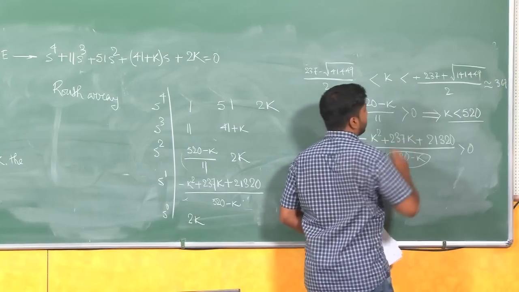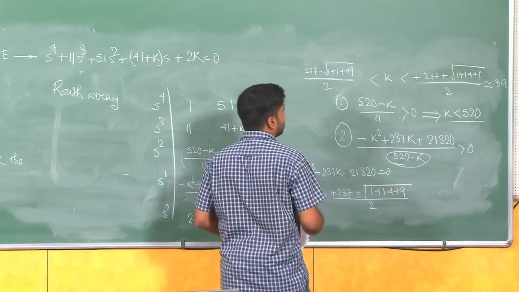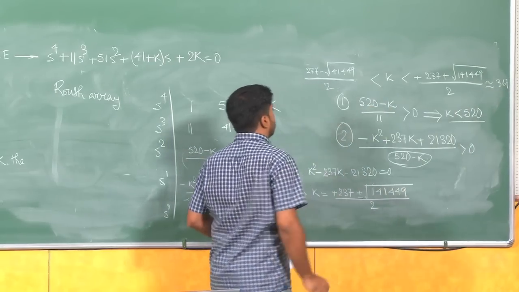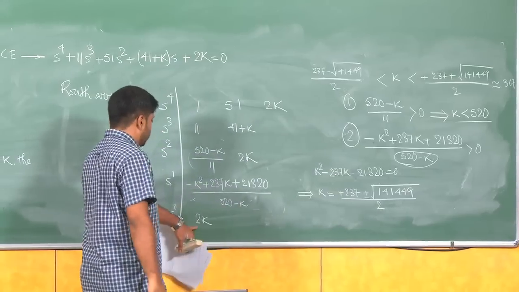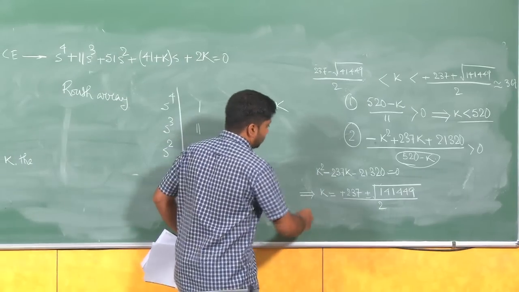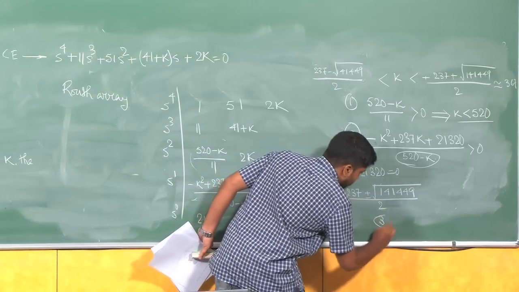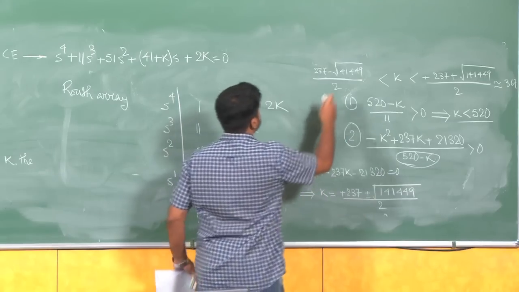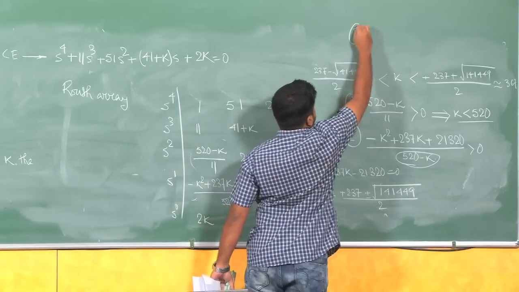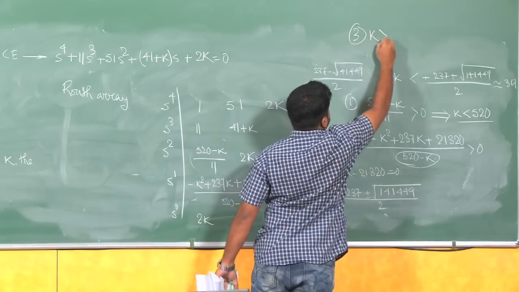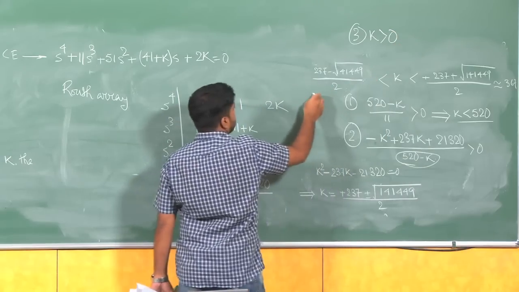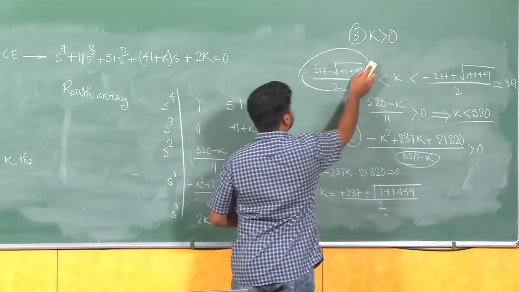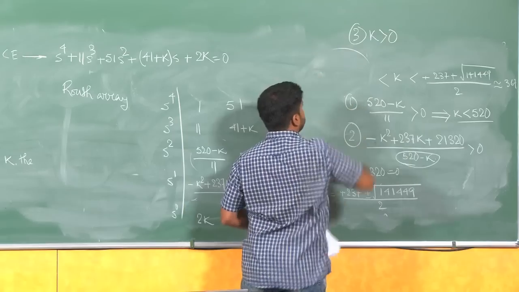So, the upper limit of k now reduces from 520 to 367. Now, the third condition is k greater than 0, so the constant term in the first column is positive.